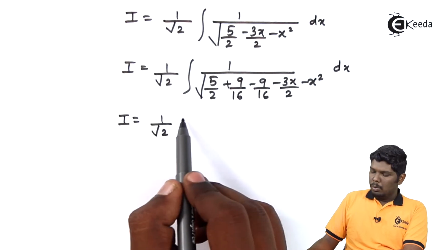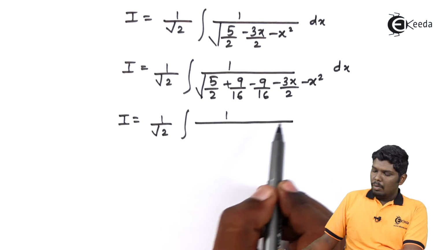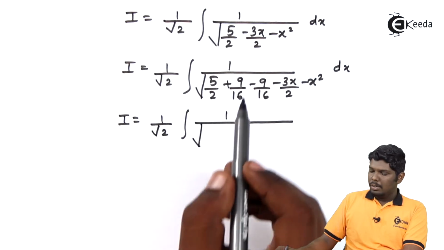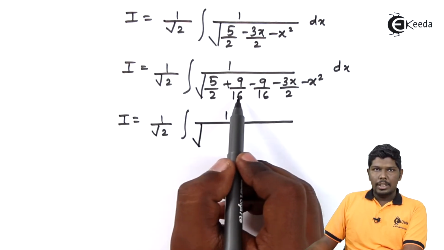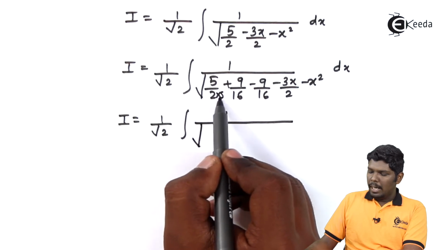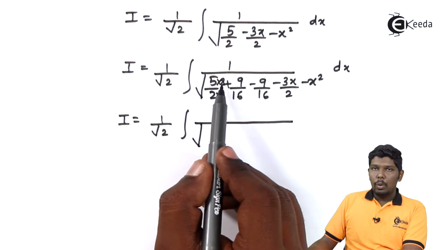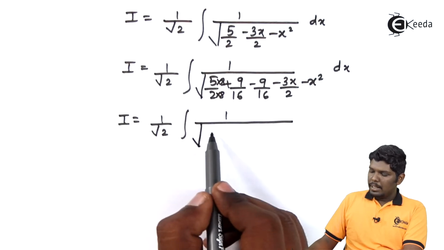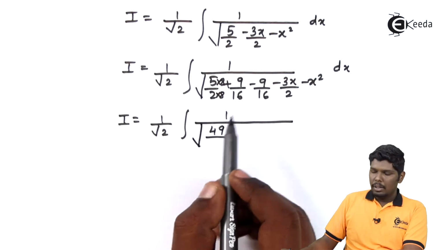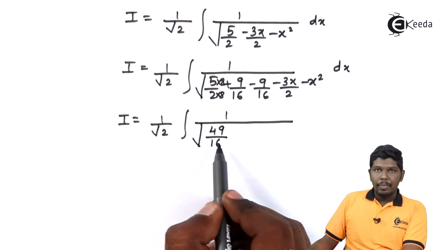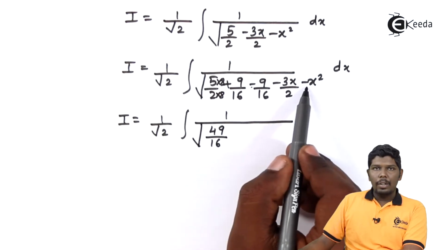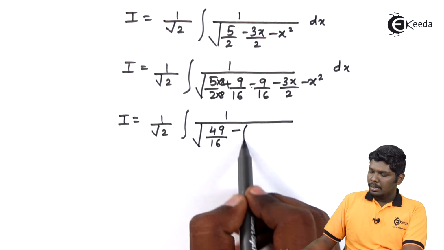1 upon root 2 integral 1 upon under root, here you can take LCM as 16. Therefore, we need to multiply 8 both numerator and denominator. This will give you 5 into 8 as 40 and 40 plus 9 will be 49 upon the LCM will be 16. And take minus sign common from the rest of the three terms.